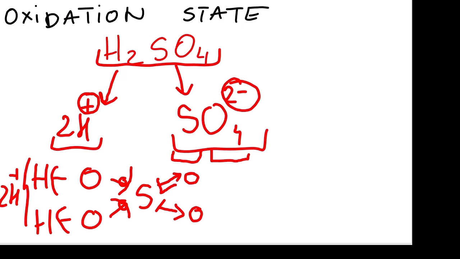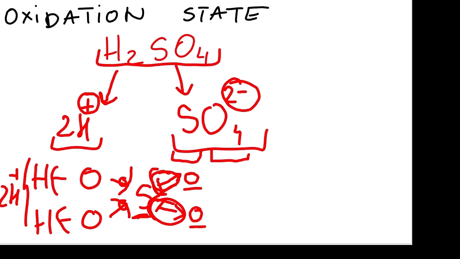It means that here the pair of electrons is given only by the sulfur. So these two electrons and these two electrons are taken by this and this oxygen atom. However, those two electrons and those two electrons were given previously by the sulfur atom.